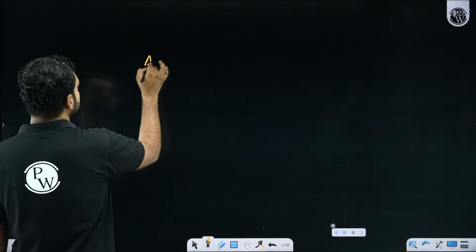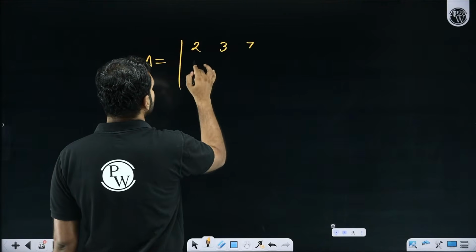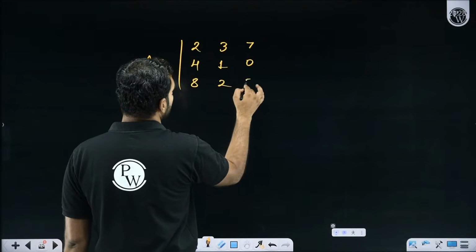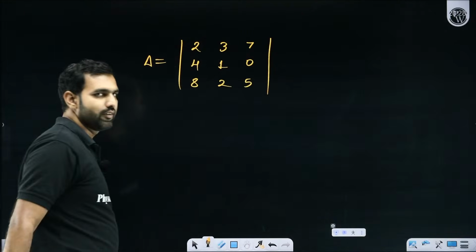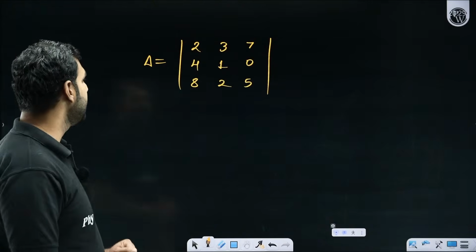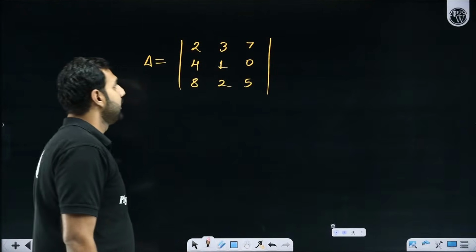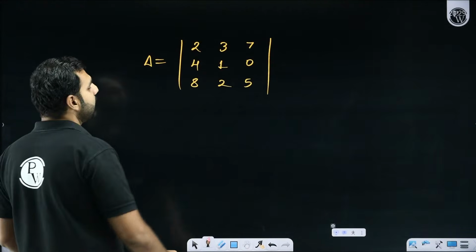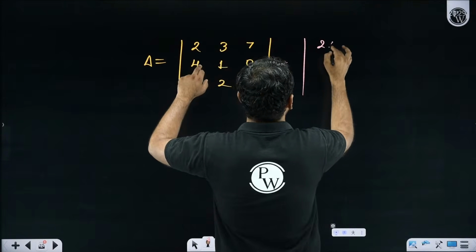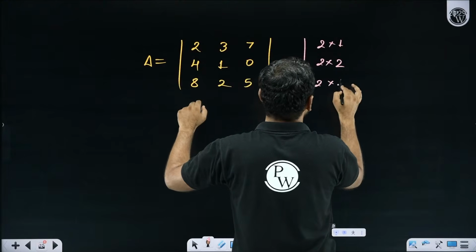Let's say there is this determinant delta, which is given by 2, 3, 7, 4, 1, 0, 8, 2, 5. Yes or no, everyone? Let's say here you could have written the first column as 2 into 1, 2 into 2, and 2 into 4.